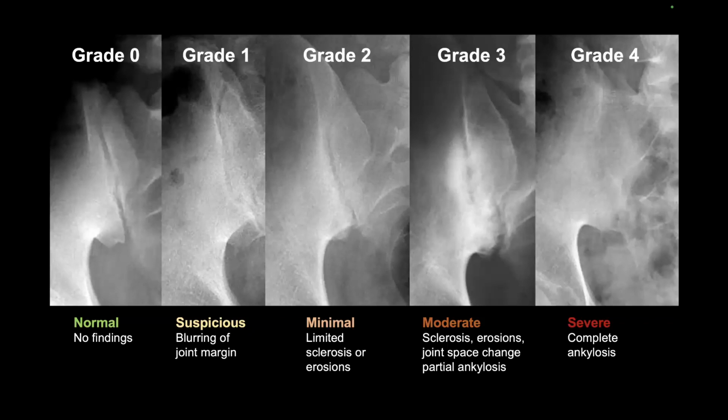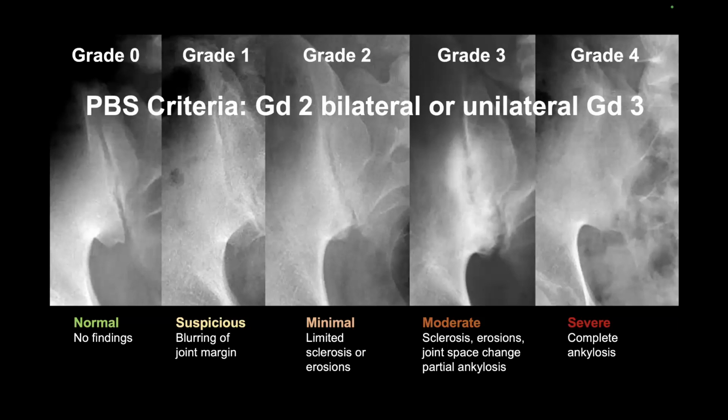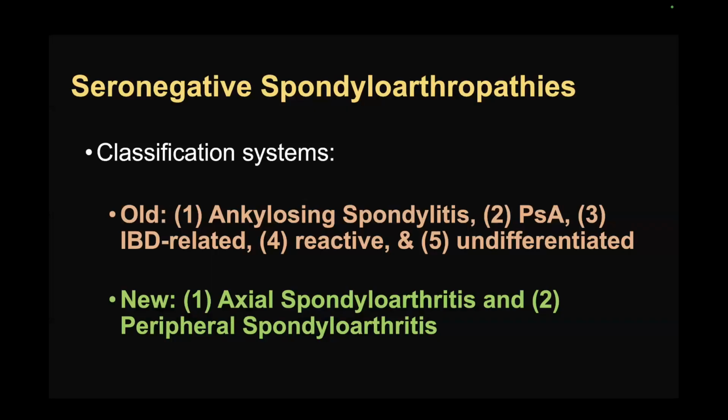But really, you're looking for signs of blurring of the subchondral plate or subtle areas of erosion. In Australia, in order for our patients to meet PBS criteria for certain medications, they need to have either a bilateral grade 2 diagnosis or a single side of unilateral grade 3.